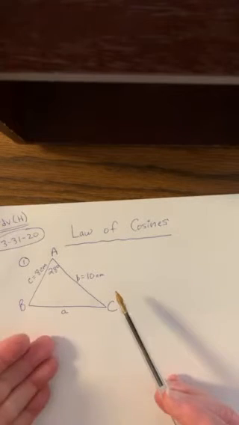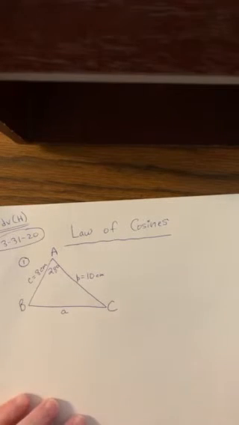Now, it's not a right triangle, so just like yesterday, SOHCAHTOA is not an option. Law of sines is not an option either if you look at this picture and think about it.